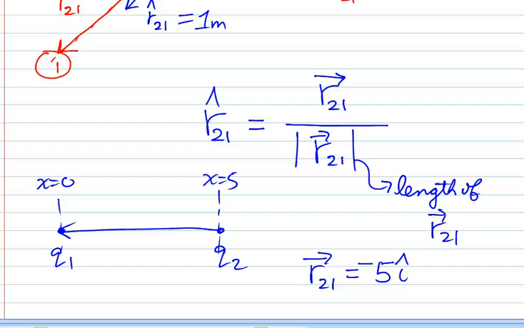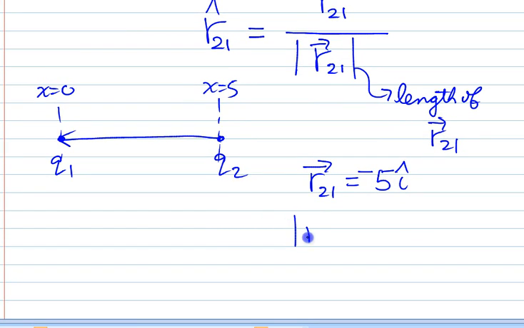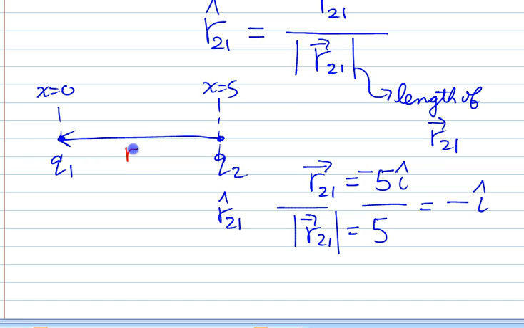Then the magnitude of r21 would be its length, 5. And if I divide those two, I will get r hat 21, which is negative i hat. And that's a fancy way of saying that if r21 is a length of 5 going from 2 to 1, then r hat 21 is a length of 1 going from 2 to 1.